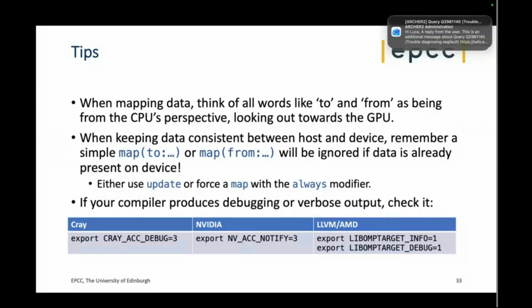So the names are different and they print the output in different formats, but they all show you what's going on under the hood. So what data is being mapped to and from the GPU along with other information.